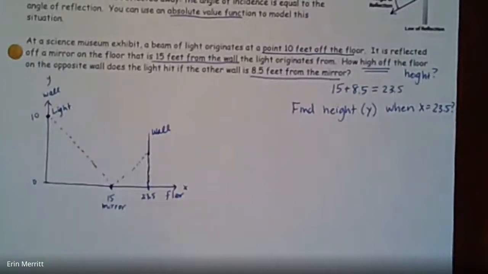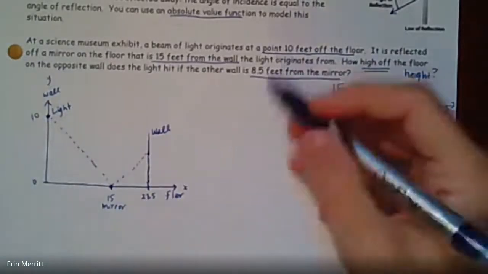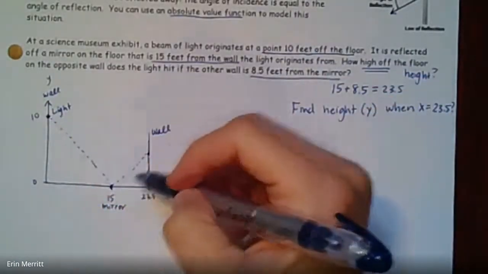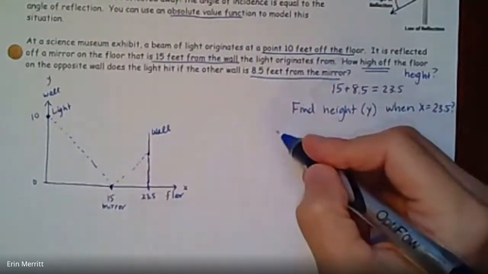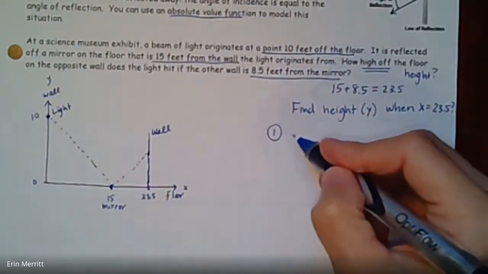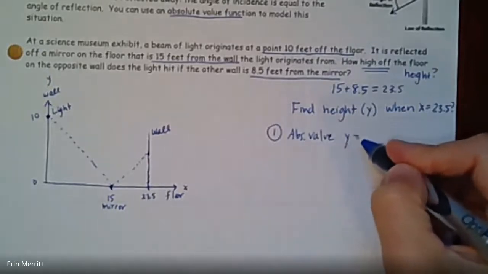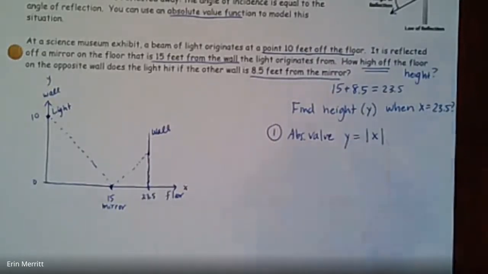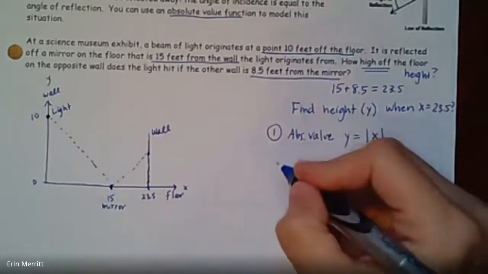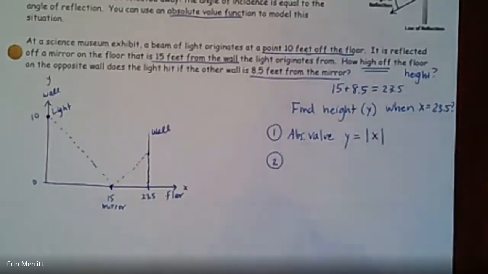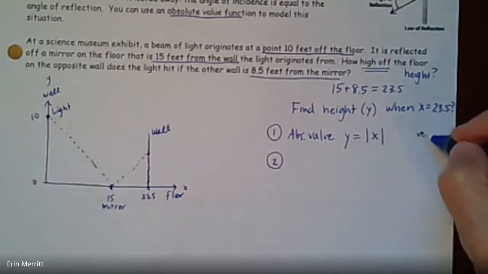So there's a lot to set up here. Let's follow the steps. The first thing is that we should see that V shape stand out. The parent function for an absolute value is just y equals the absolute value of x. The second thing, consider any vertical or horizontal shifts. Well, this one would have a vertex at 0, 0.